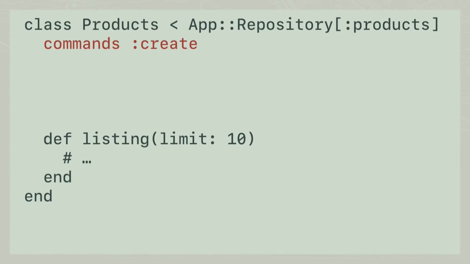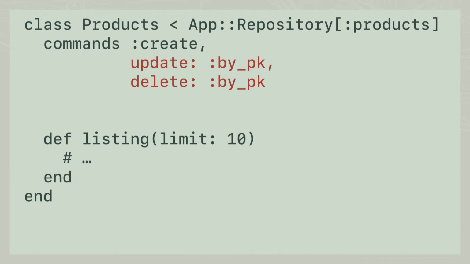We define it using a commands macro. We can extend our CRUD operations really easily too, but we need to restrict those commands so that ROM knows which records to modify. ROM SQL automatically defines a by PK method, which restricts by primary key, so that's what we'll use here to restrict our commands.